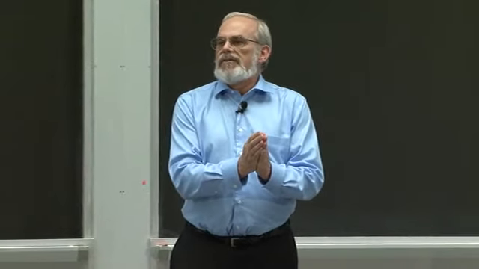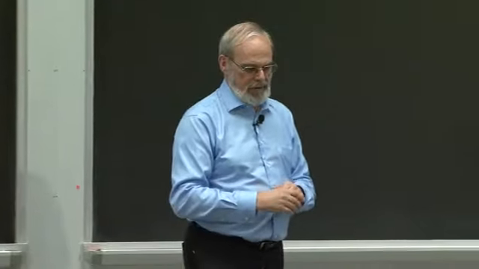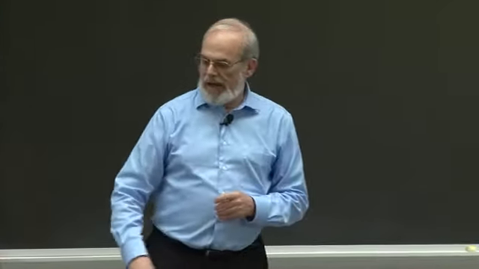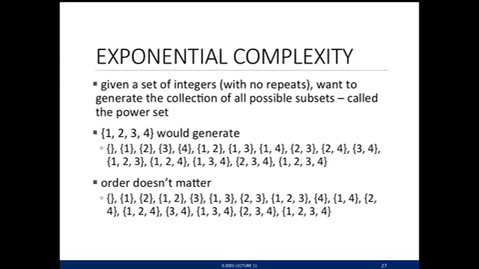So a subset with no elements, with 1 element, with 2 elements, with 3 elements, all the way up to n elements. For example, if my set is 1 through 4, then the power set would be the empty set with no elements in it, all of the instances with 1 element, all of them with 2, all of them with 3, and all of them with 4.